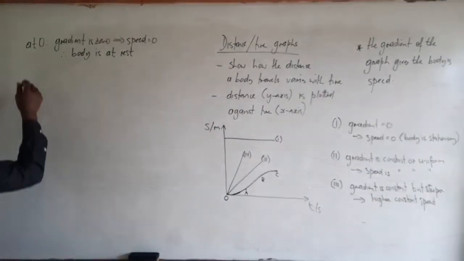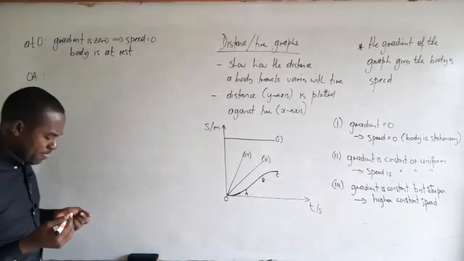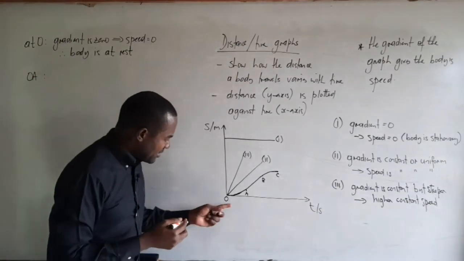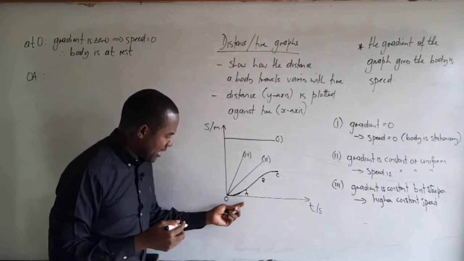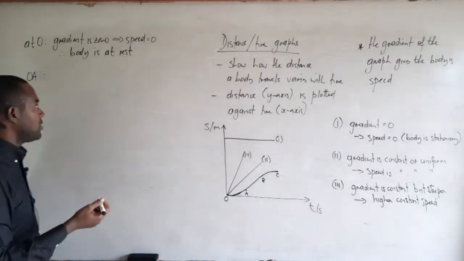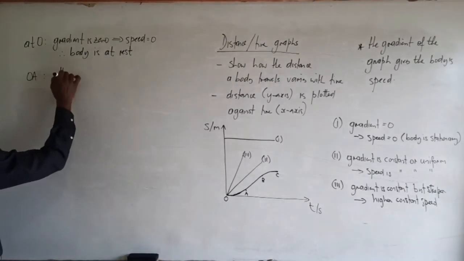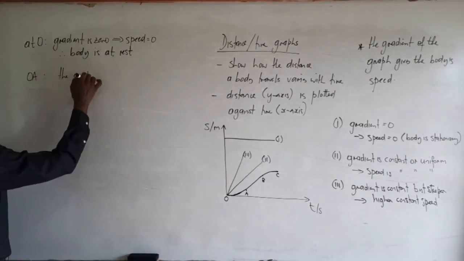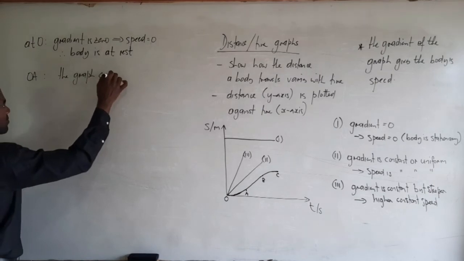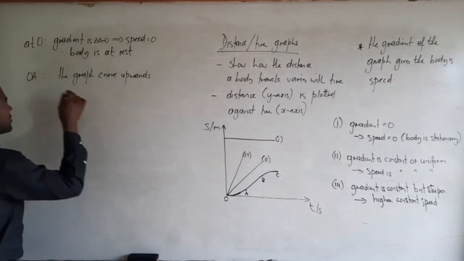Now let's examine the region OA. Now OA, it starts to curve upwards, and therefore this means that the gradient is increasing, right? So the gradient is increasing. So the graph curves upwards.